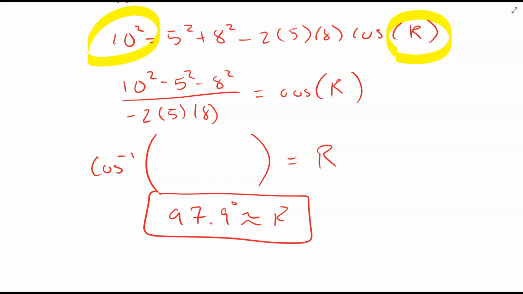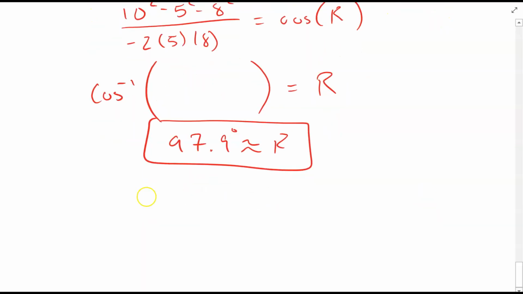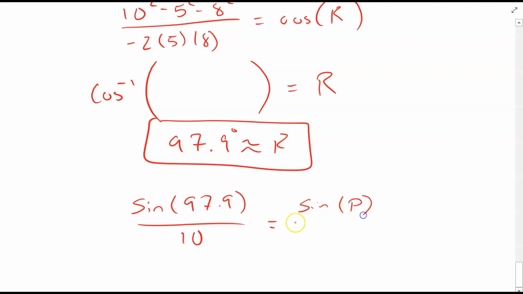Now I can do the law of sines. And it doesn't matter now what other one I try to solve for next, because I know that I have an obtuse angle here. One triangle regardless, no worries. So let's maybe solve for P next.